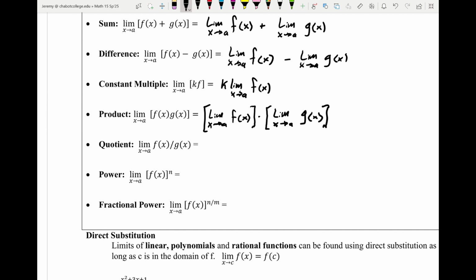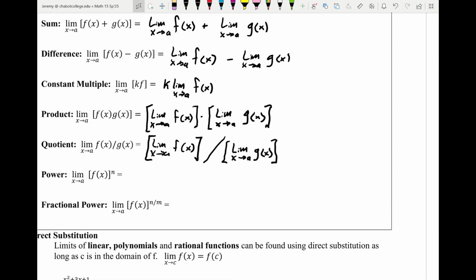We have a quotient rule. The limit of a quotient is the same as the quotient of the limits, with one little exception. I'll give you a second to guess what that exception might be. So the exception is we don't want our denominator to go to 0.